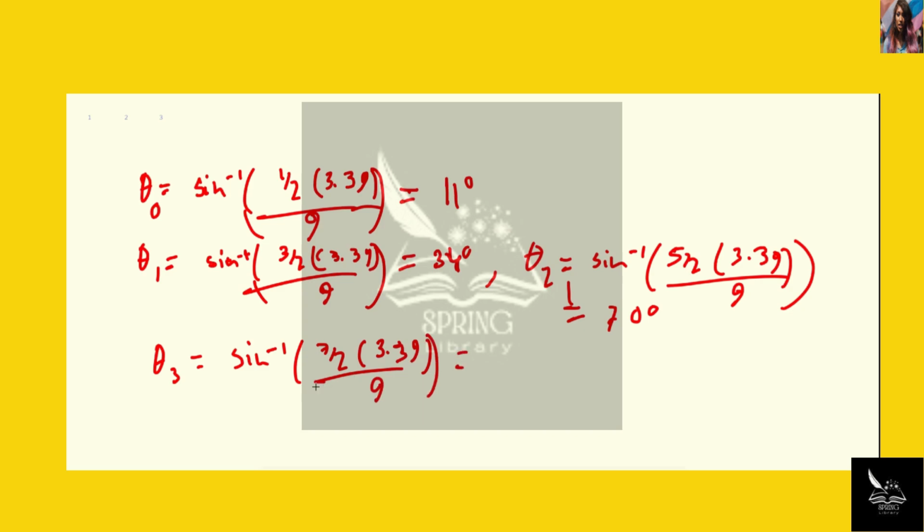Again, you see that the numerator is greater than the denominator, which cannot happen, so it cannot be a real sine theta value. So here you have an impossible situation. You're limited to the 3 thetas: 11 degrees, 34 degrees, and 70 degrees for the minima.